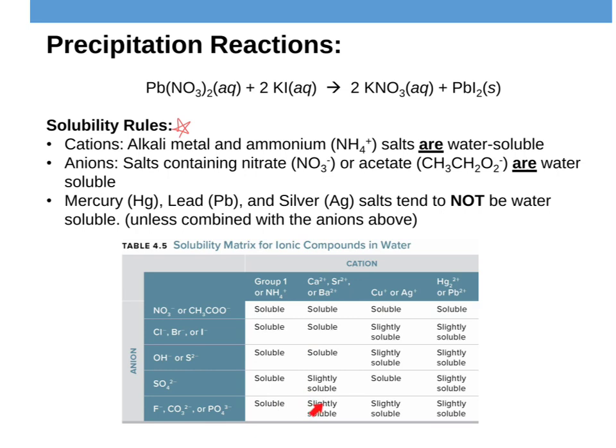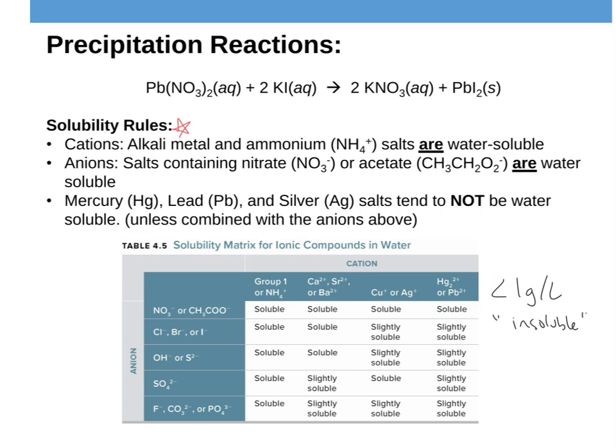What they mean by slightly soluble is not soluble. They mean less than a gram per liter dissolves. That's what chemists use as the defining line, let me write that down for you. Basically, anything less than being able to dissolve 1 gram per liter is considered insoluble.